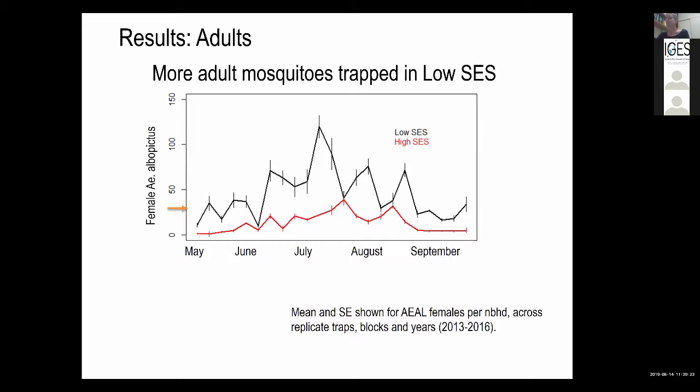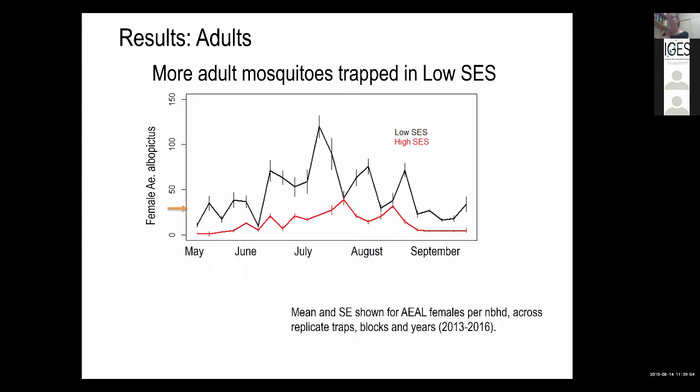And these data, again, are across all of our 2013 through 2016 trapping. This arrow that I have over here was the Maryland's threshold limit that was put in place during the task force for Zika response in 2016, that if you found 30 to 35 female albopictus, that was a threshold above which the state or county would go in and treat for mosquitoes.